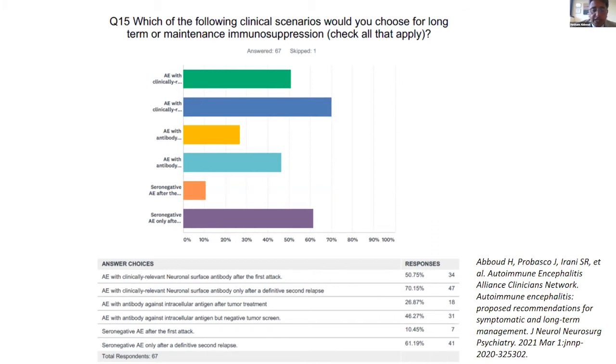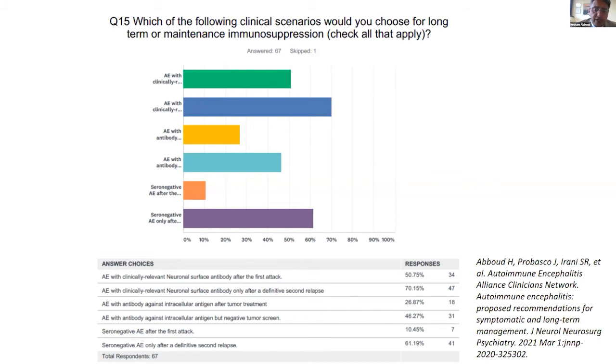However, about 50% chose to put the patient on long-term immunosuppression if they have a clinically relevant neuronal surface antibody, even after a first attack, in order to prevent any early recurrences. In case of relapsing seronegative autoimmune encephalitis, about 60% also chose long-term immunosuppressive therapy, while for monophasic seronegative autoimmune encephalitis, really only 10% said they would consider long-term immunosuppressive therapy in those patients.